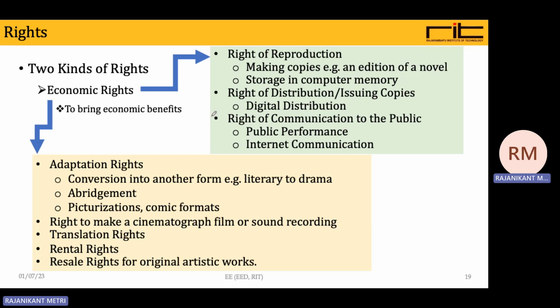Storage in the computer memory, so you cannot store it in the computer memory. Right of distribution or issuing the copies. So the third person or the user cannot distribute it or issue the copies. Digital distribution is also not possible. Right of communication to the public. So public performance, internet communication is also protected under economic rights.